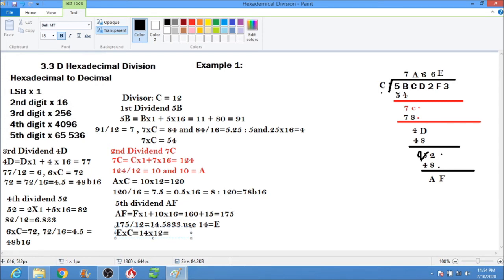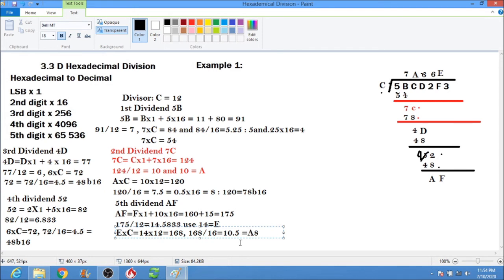So 14 times 12, and we have 168. 168 converted to hexa: 168 divided by 16 is 10.5, and 10.5 is equal to A8.